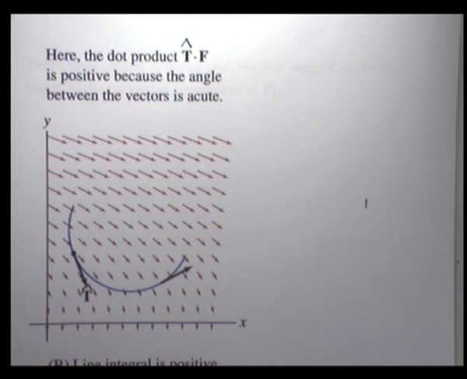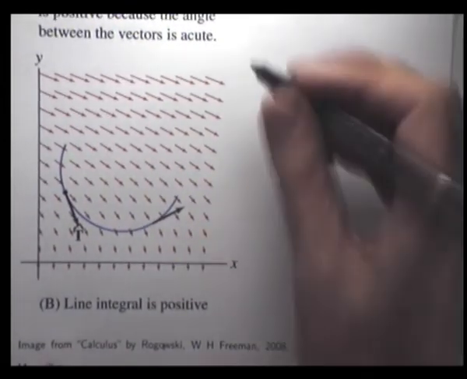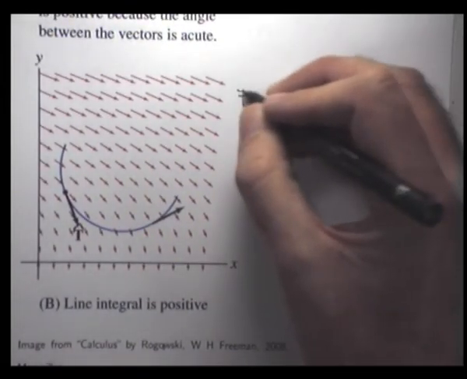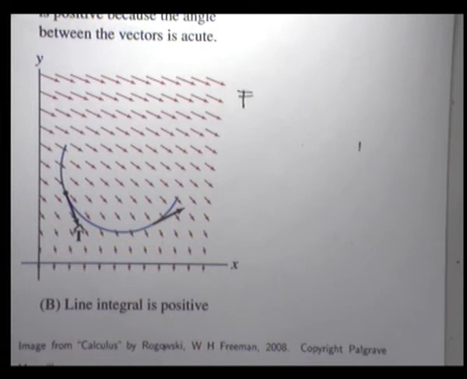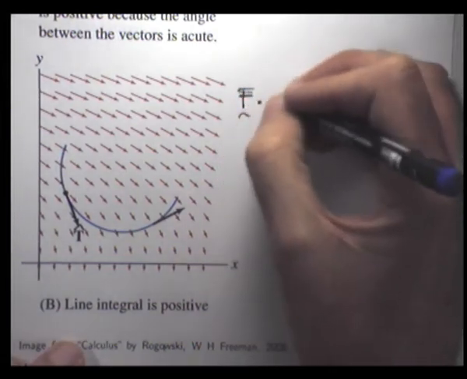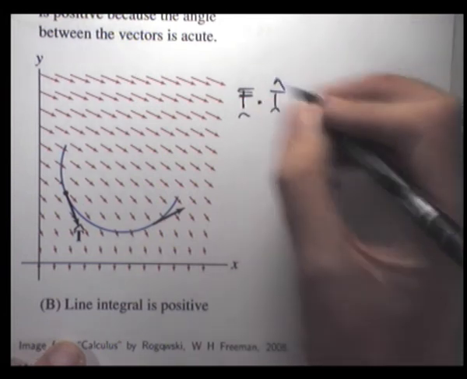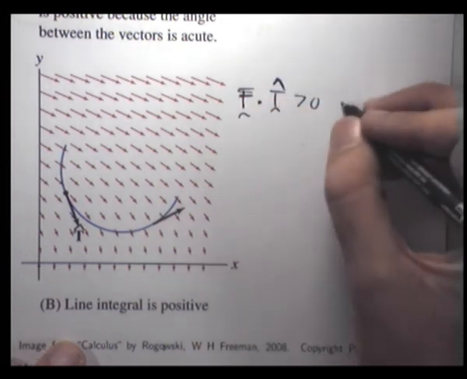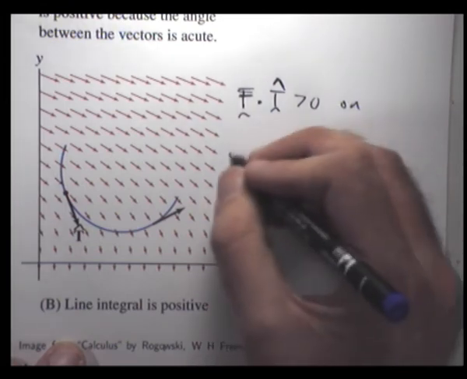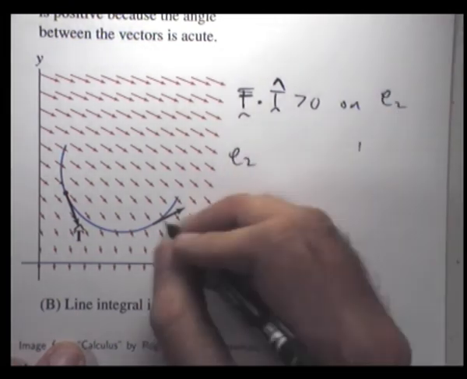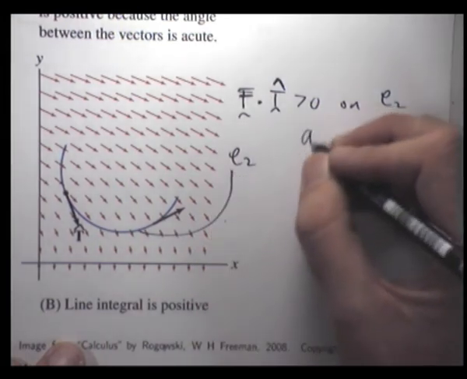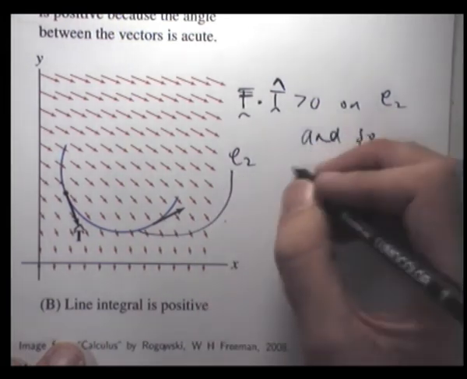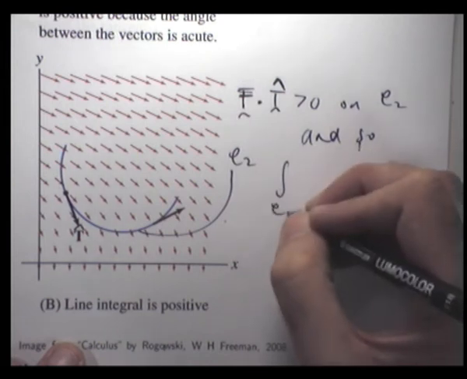So that means that cos of that angle, cos theta, is going to be positive on that region. Right? So let's call this bottom arc C2. And so the line integral, C2.